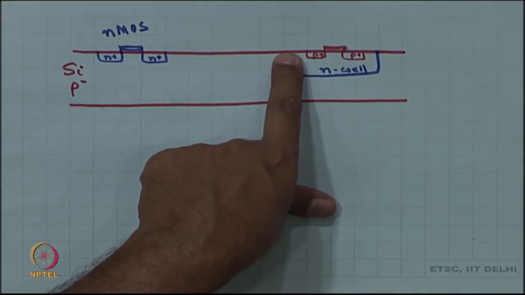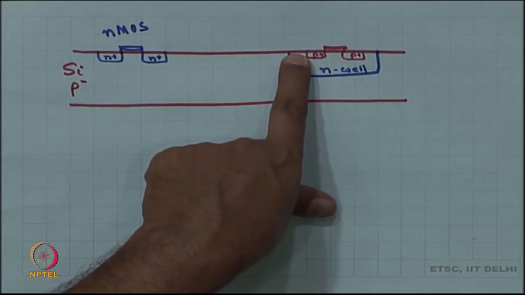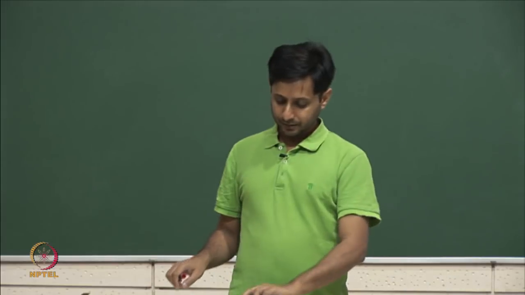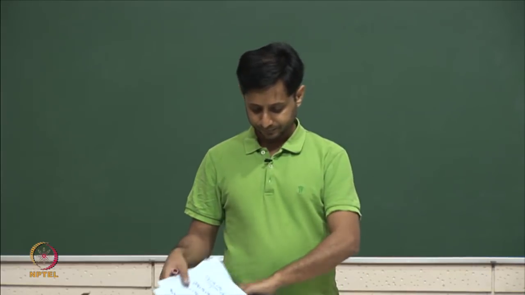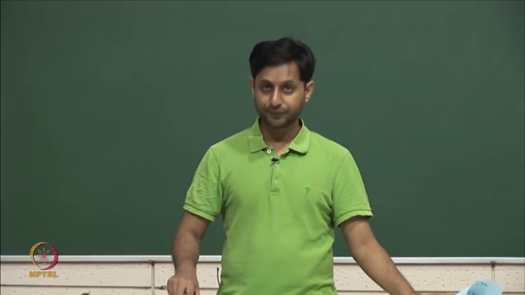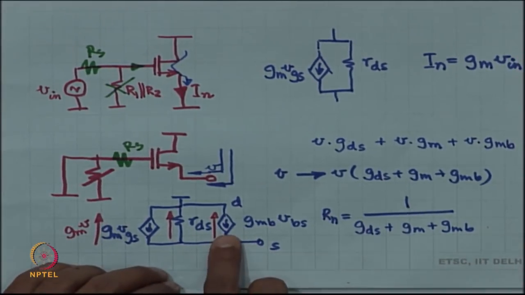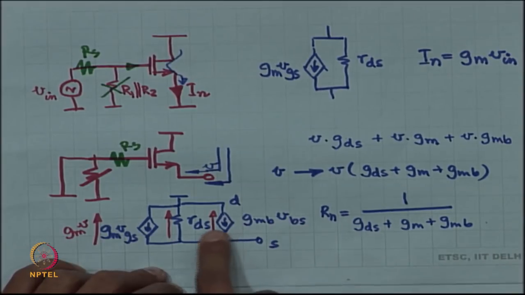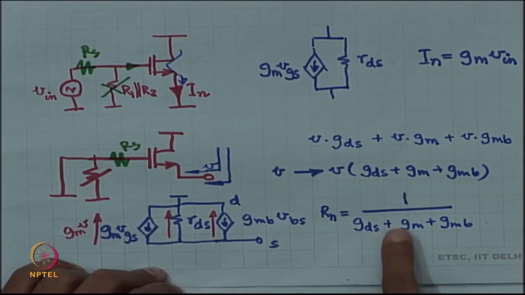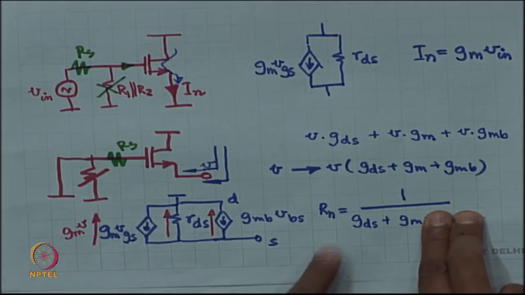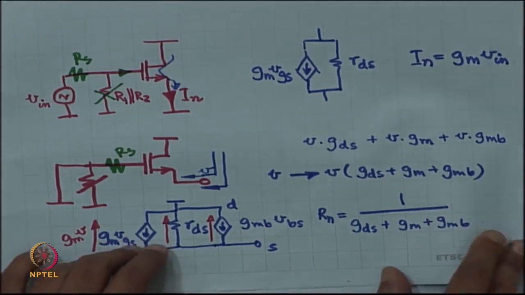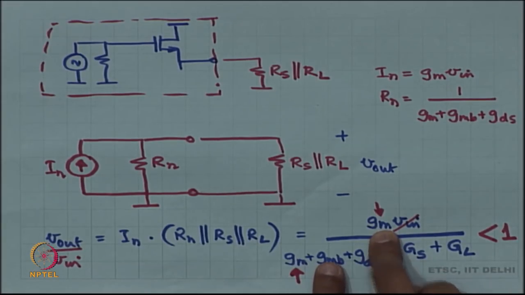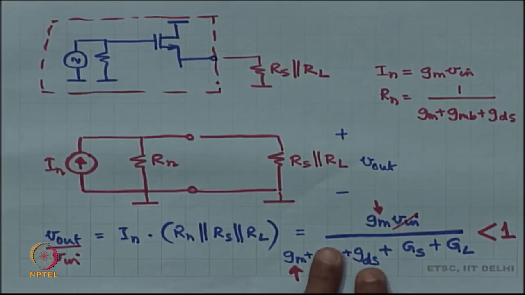You can say that okay, I will take this body of this particular N well and connect it to the source, and that way you will be able to avoid the effect of GMB, right, because now body and source will be at the same potential, which means this GMB factor is not going to come in, which means now Rn will only be GDS plus GM, and therefore, that will mean that you will have 4 units on top, 4 units in the bottom, right.